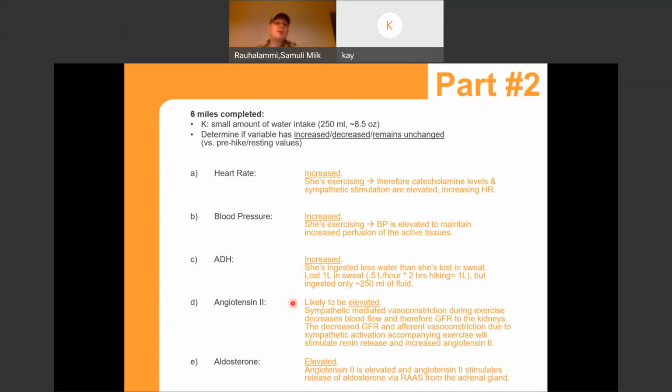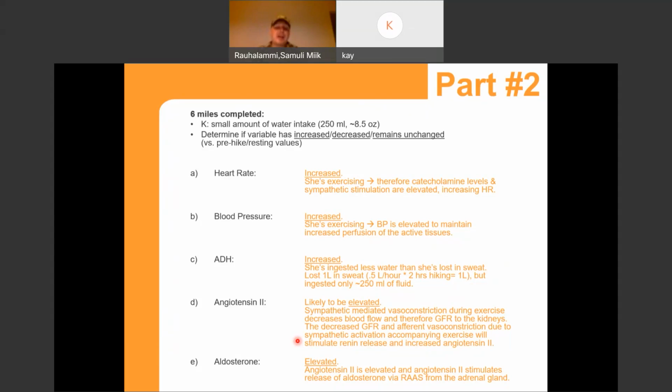What we're going to see with angiotensin 2 and aldosterone is that both of these are likely to be elevated. That's because now she's exercising, and that decreases the blood flow, and that decreases the glomerular filtration rate, and reduced glomerular filtration rate, combined with the vasoconstriction, will stimulate release of a hormone known as renin and increased release of angiotensin 2.